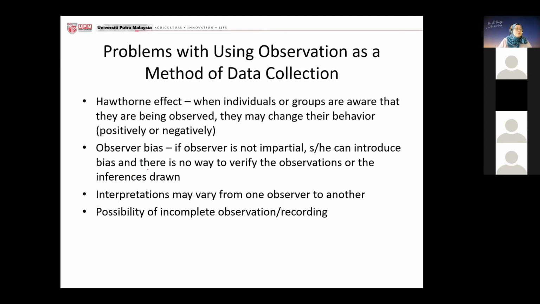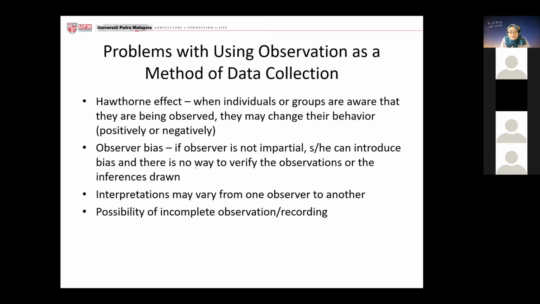Observer bias is related to the people who are doing the observation, so you yourself, or if you are working in a team, another person being the observer. If the observer is biased, and remember when we do observation, we take notes, you can introduce bias into the results.